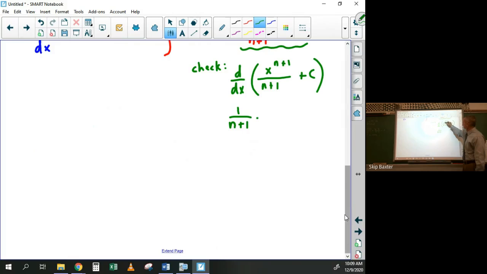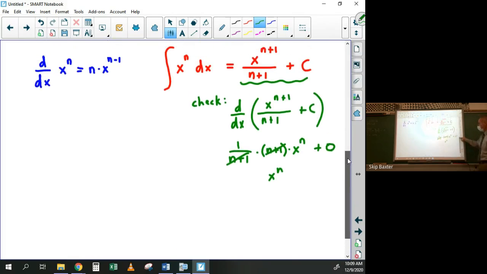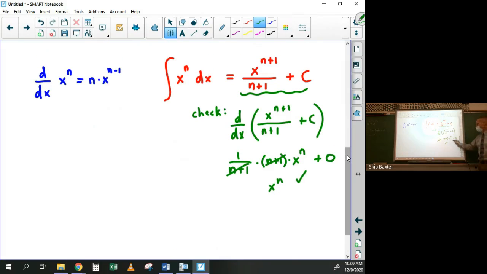The derivative of x to the n plus 1 would be n plus 1 times x to the n, because you subtract 1 from the exponent. And those cancel. So you definitely get x to the n. It checks out.